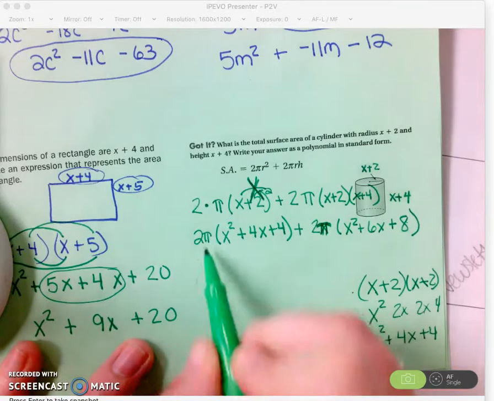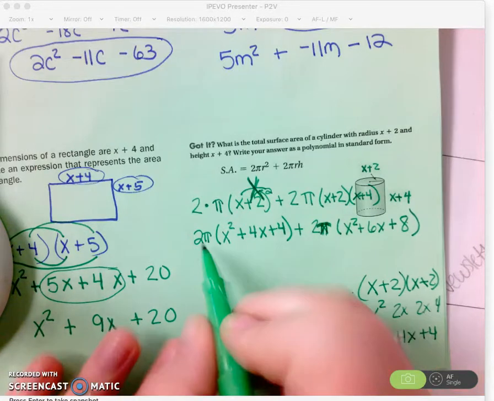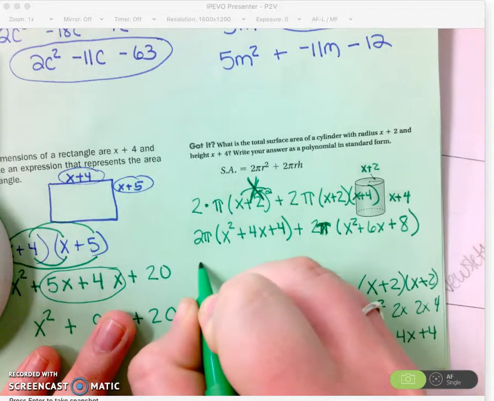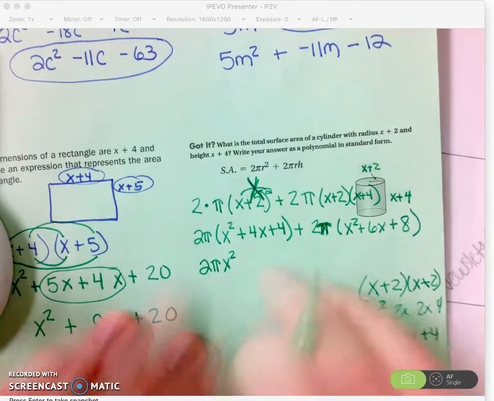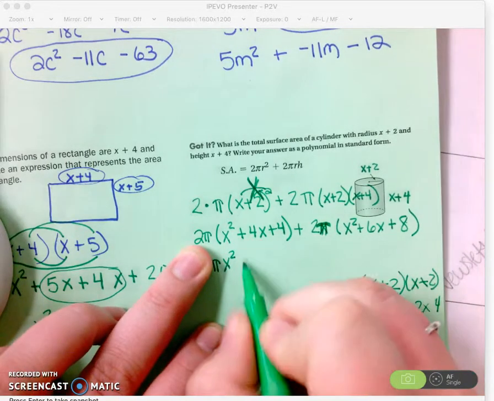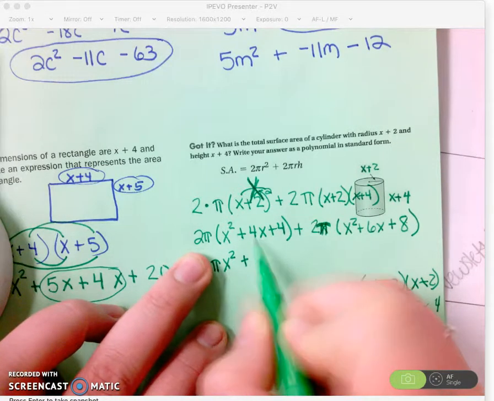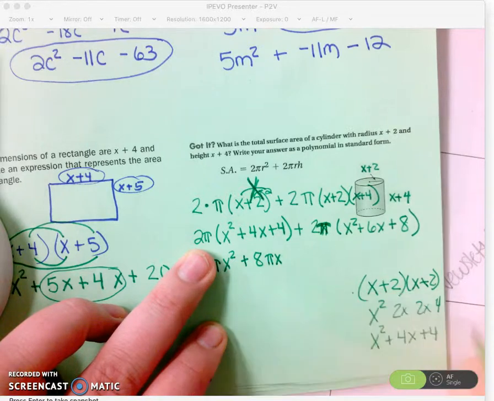So I'm going to think of this pi right now as just another variable. Okay, it's pi. So 2 pi times x squared, there's nothing really I can multiply. So it's going to be 2 pi times x squared. I can actually multiply the 2 and the 4, so it becomes 8 pi times x.